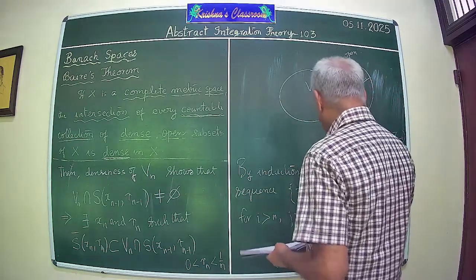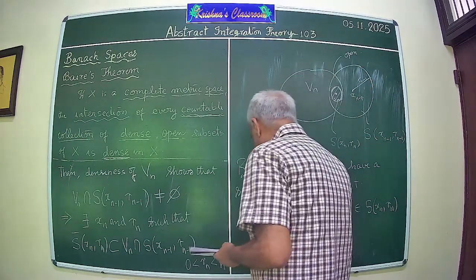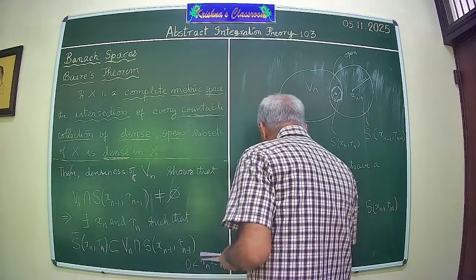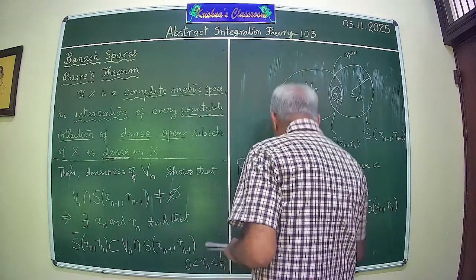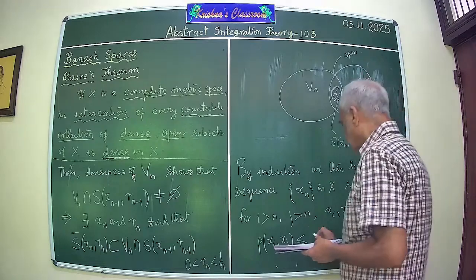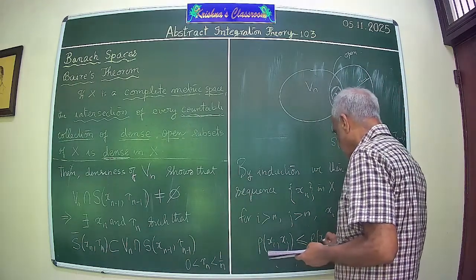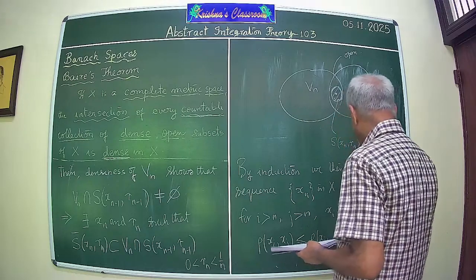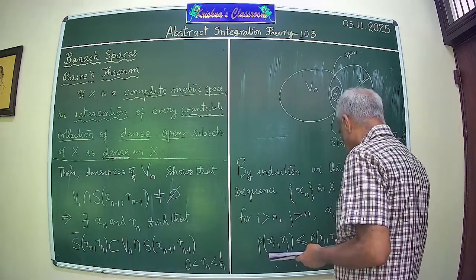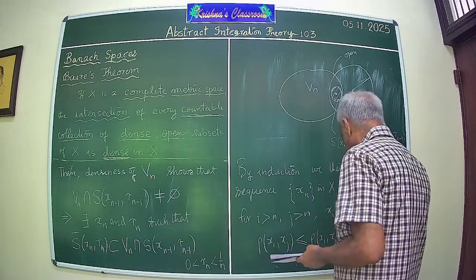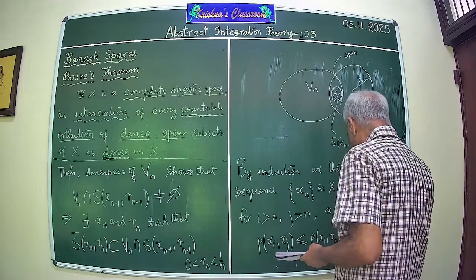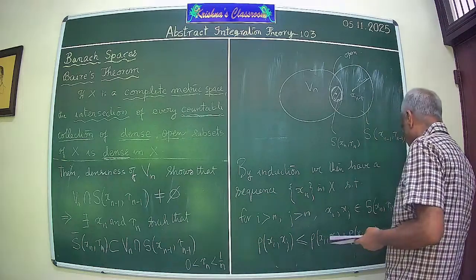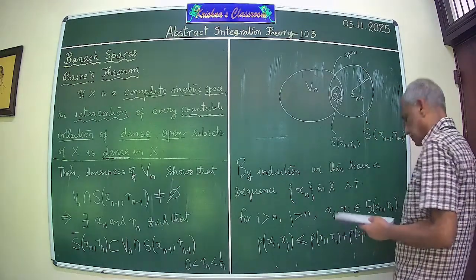Now that means you see that the distance between xi and xj is less than or equal to the distance between, which is less than 2 by n.